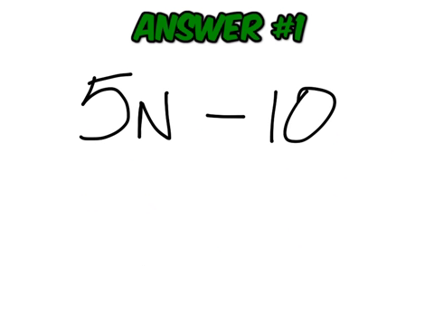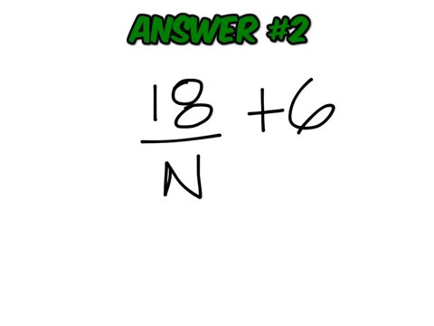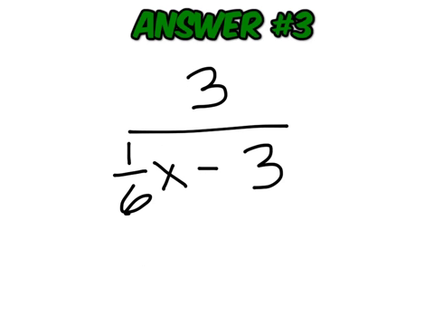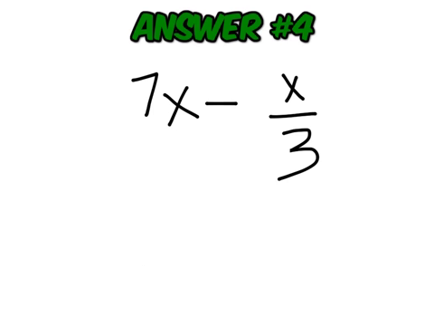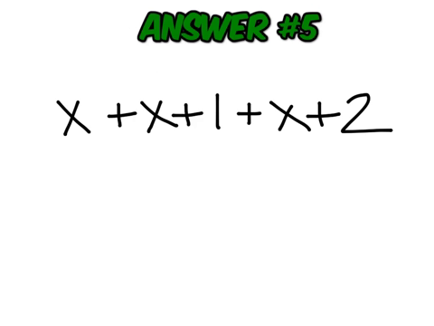Number 1, 5n minus 10. 2, 18 over n, and then plus 6. 3 is 3 over 1/6 x minus 3. 4 is 7x minus x over 3. 5, 3 consecutive integers could be expressed as x plus 1 plus x plus 2.